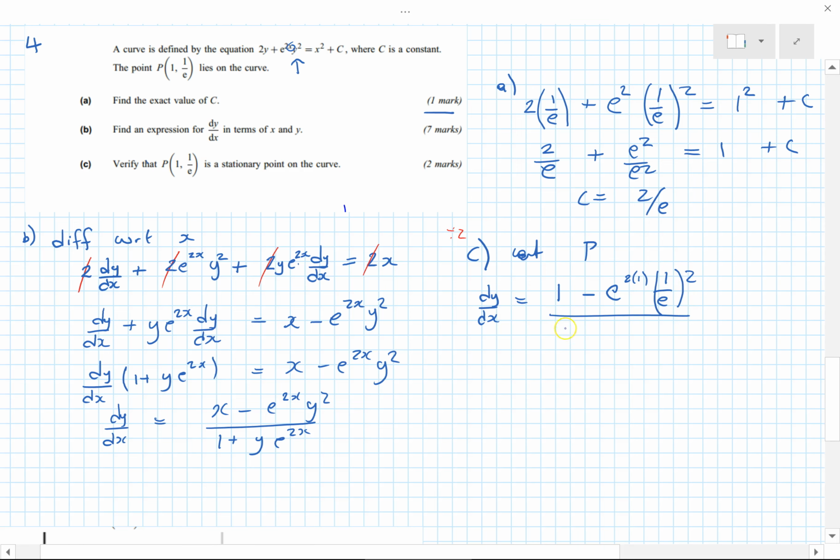It's almost irrelevant what the bottom is, but I'll write it out anyway. 1 plus 1 over e times by e to the 2, but it actually doesn't matter because the top is going to be equal to 0, so it's 0 over something, so that equals 0, so that shows that there is a stationary point.